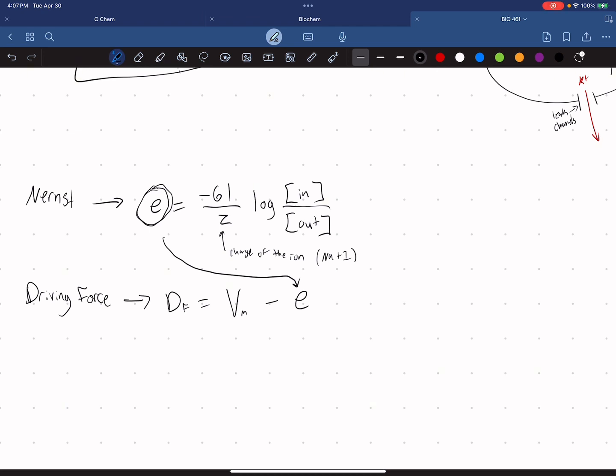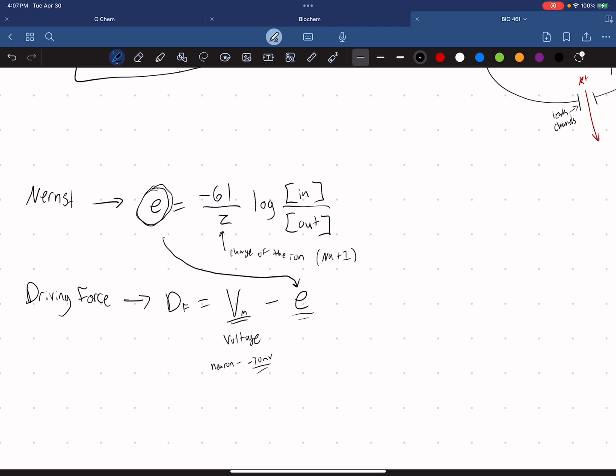And we will take the V, which is the voltage of a specific type of cell, and plug it in here. So for a neuron, we talked about in class, the average voltage is around -70 millivolts. And so depending on the cell, we may have different values, but we can assume for a neuron that we would start with -70 minus the value that we get for E.